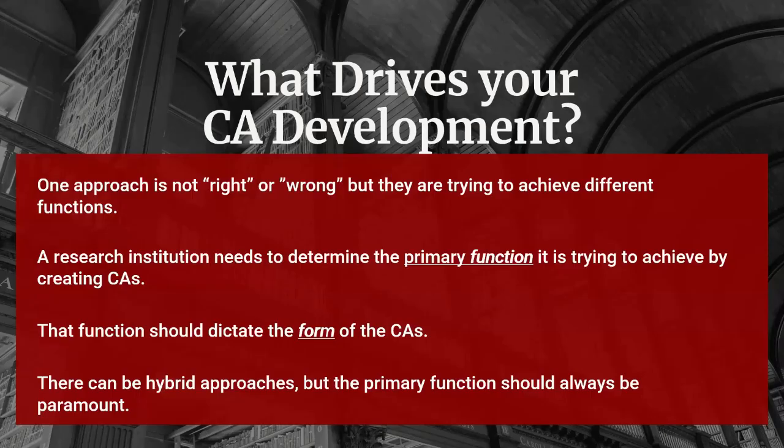So the function should dictate the form of the CAs. And as I said, there can be hybrid approaches, but in the end, even when you're doing a hybrid approach, you've got to think about that primary function of managing charge risk, and that should be the paramount driver of the design.